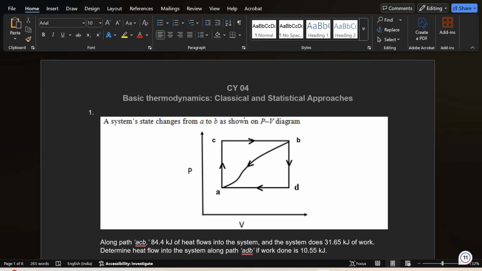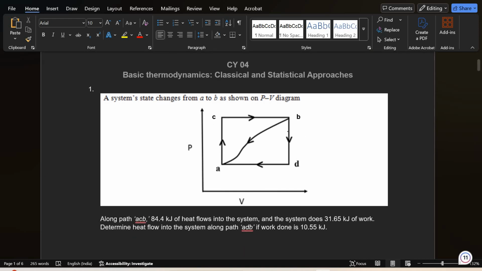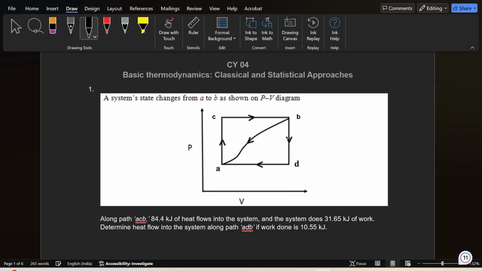As you can see, it's a PV diagram and we have a system. The system goes from A to B via two paths. One is ACB and another is ADB. These are the two paths that they have discussed. Just ignore the arrow mark, it's written wrongly. It should be like this.